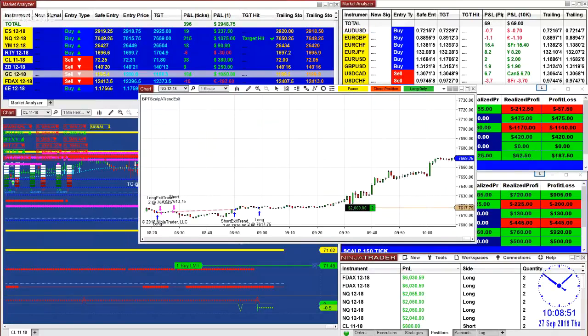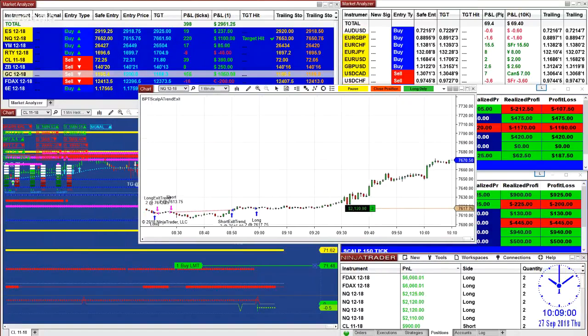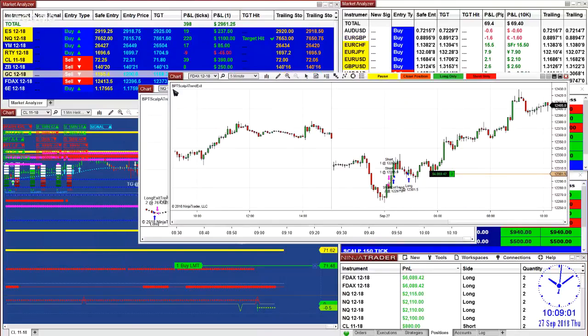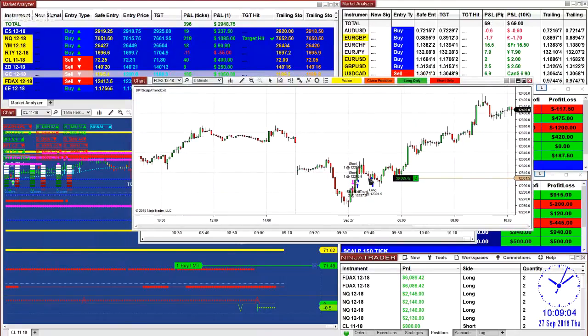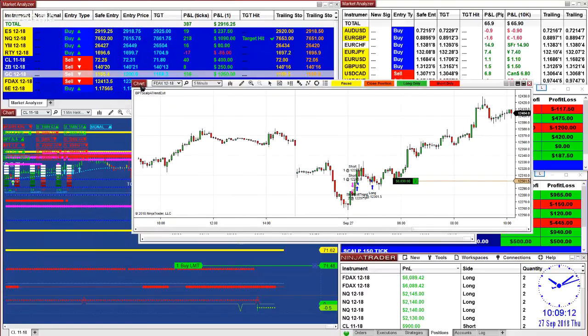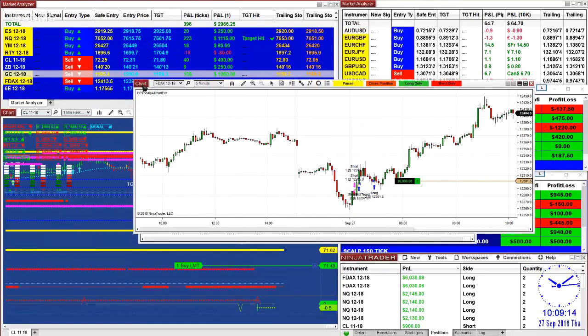On the 5 minutes, the DAX is still on the same trade all day long. This is your DAX 5 minutes, still on the same trade all morning and has not closed.